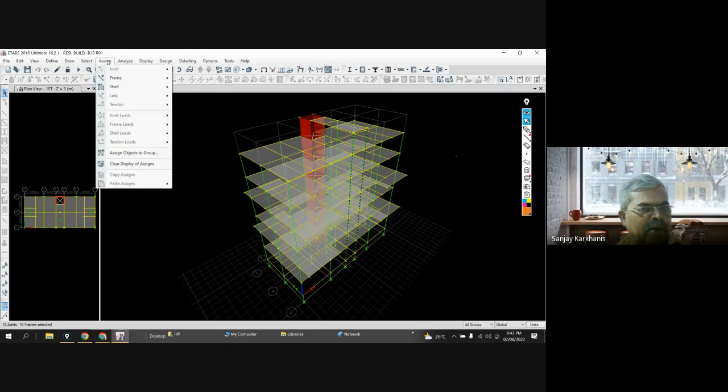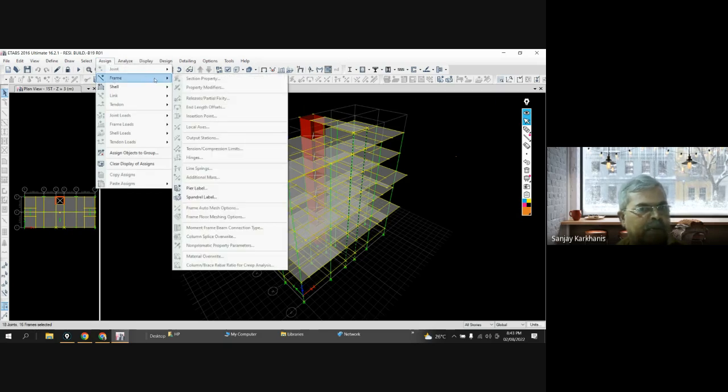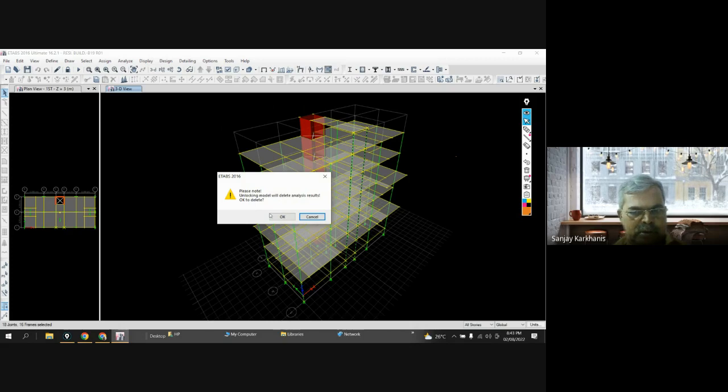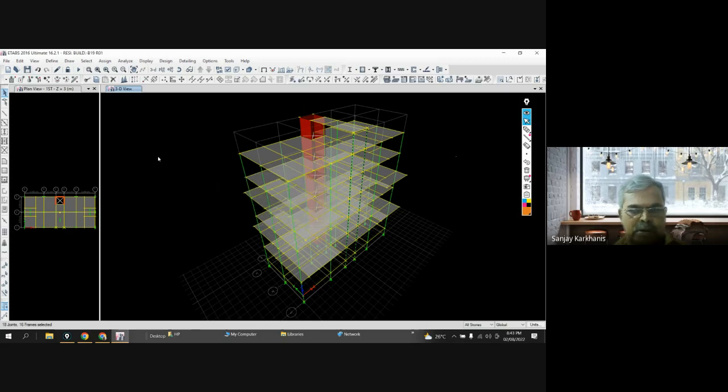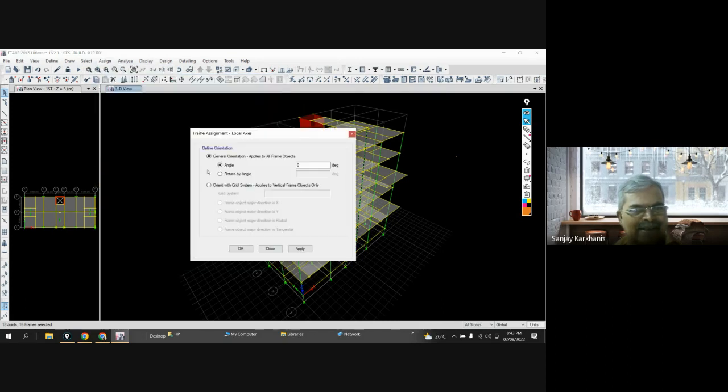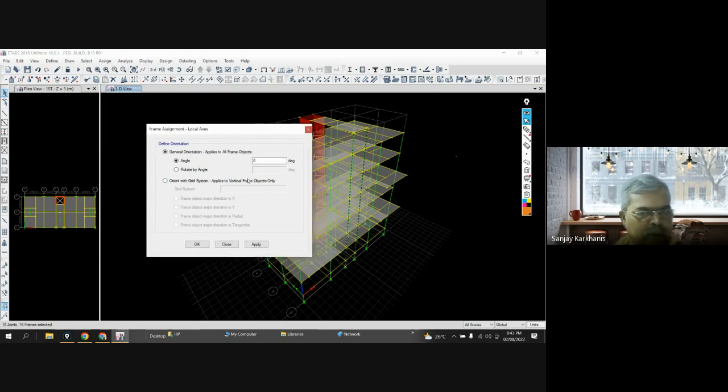So go to assign and frame. I have to unlock it, otherwise I cannot do that. Okay, so go to assign and go to frame, and under the frame you will see local axis, and here you can see I will change the axis as 90, right? Apply.